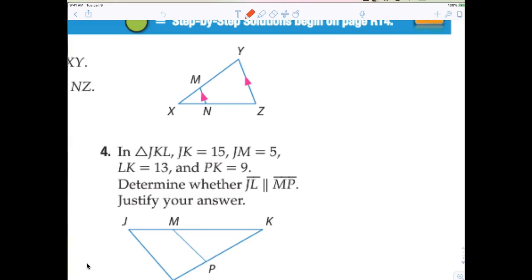Which would not be the same if I add this and add that. Multiplication is okay, addition is not. When you add, the fractions don't remain the same. When you multiply, the fractions remain the same.